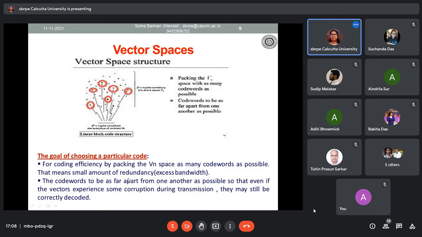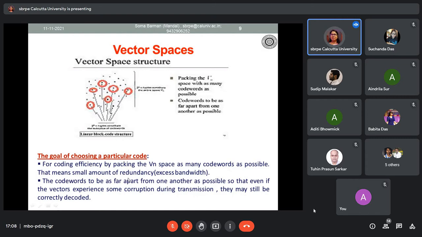Each message sequence contains 3 bits and is transformed into a 4-bit code word, so 1 bit of redundancy is added. Here the addition of the redundant bit is very small, just a single bit.